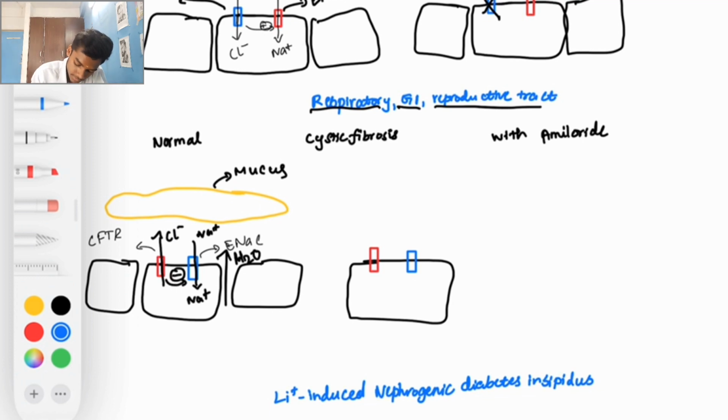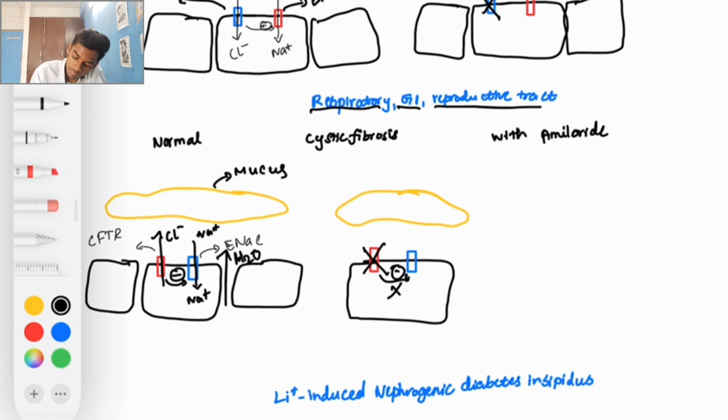In cystic fibrosis, we don't have this CFTR. Now the inhibition which was done by CFTR will not be there. So chloride is not moving outside, this is mucus, and the inhibition by the CFTR on ENaC will also not be there.